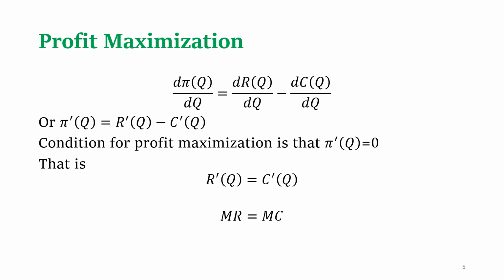Remember, pi prime Q is just d pi dq, right? So that is to say R prime Q equals C prime Q. In other words, R prime Q, which is the marginal revenue, equals C prime Q, which is the marginal cost. So for profit to be maximized, the marginal revenue must equal the marginal cost, so the firm maximizes profit at that particular level.